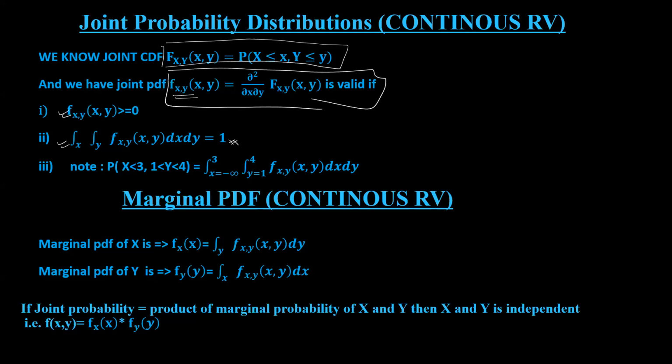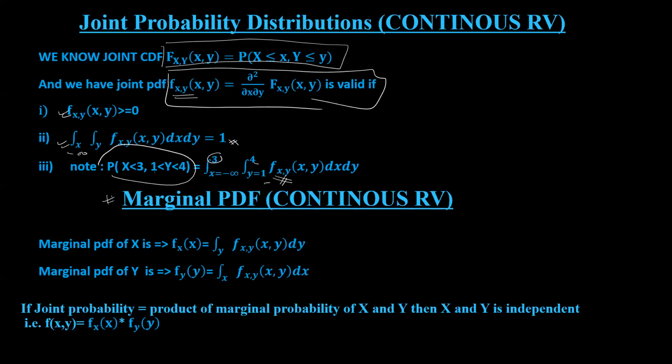So for example, if you want to write the probability of x less than 3, it will always start from minus infinity to plus infinity. So x value will be from minus infinity to 3 you have to put, and y will be from 1 to 4 range, whatever they have given. You have to just plug it, and whatever the density function they have given, put here and integrate.